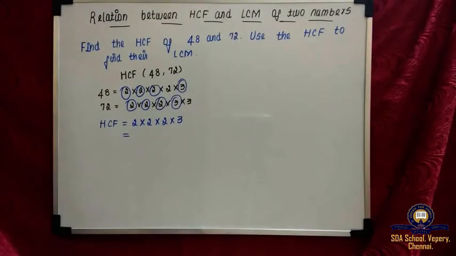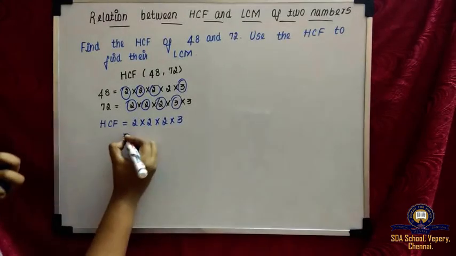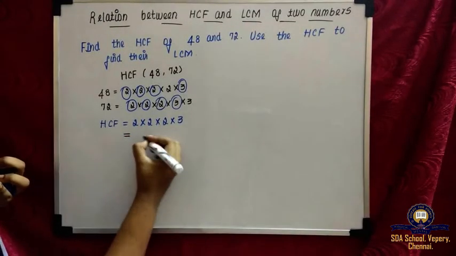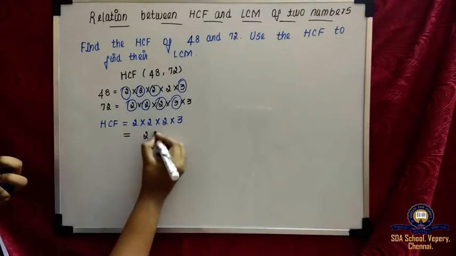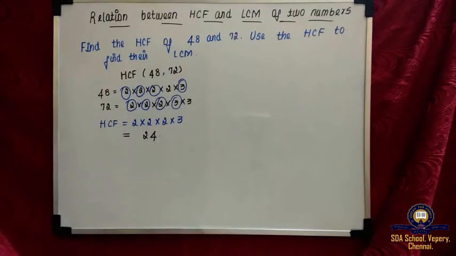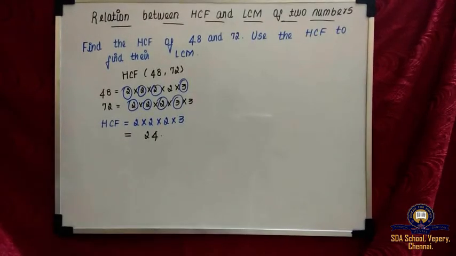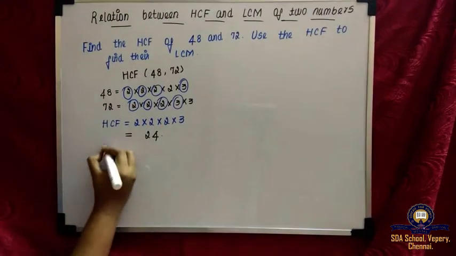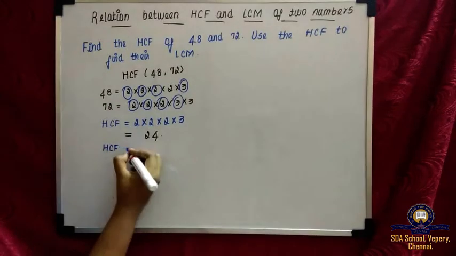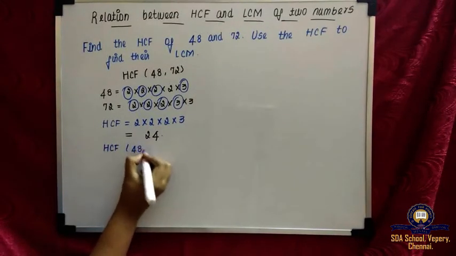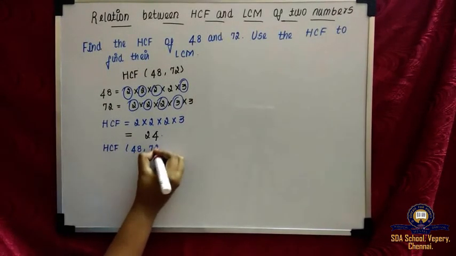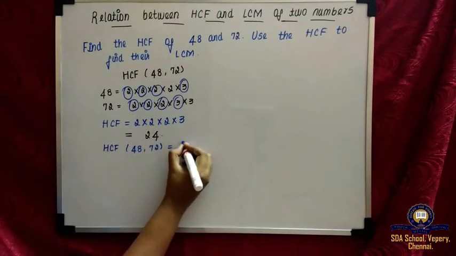So when you multiply, what you will get? 2 into 2 into 2 into 3. Yes, you will get 24. So the HCF of 48 and 72 is 24.